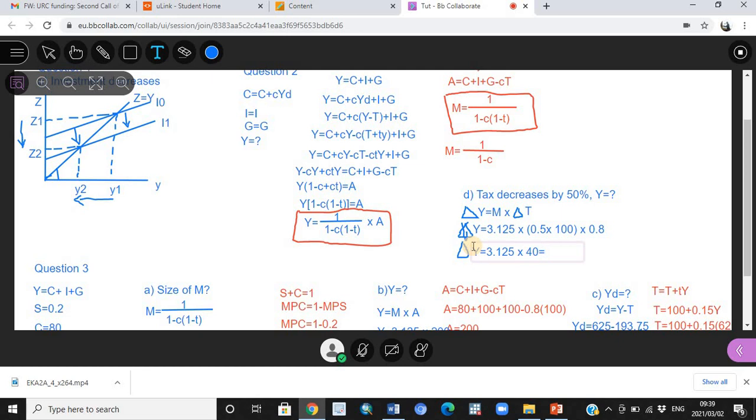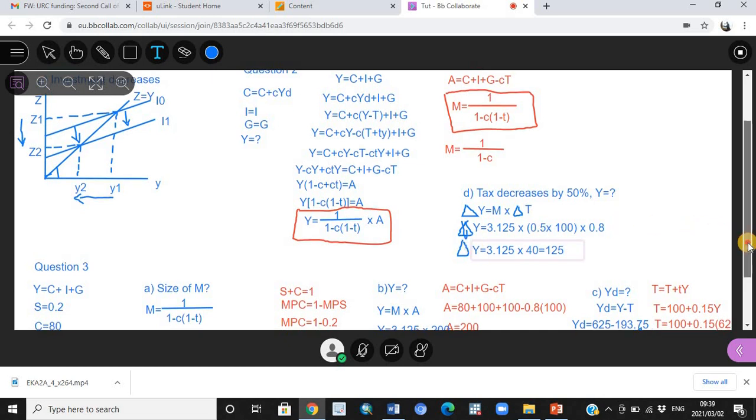This is basically equal to 125. Let me just confirm: 3.125 times 40 equals 125. So this is the variation.